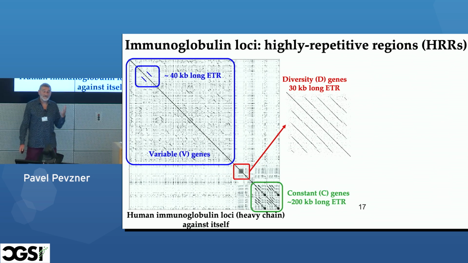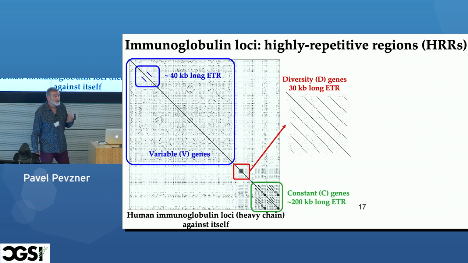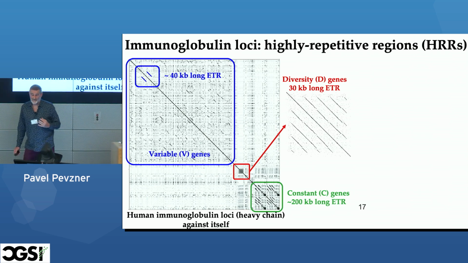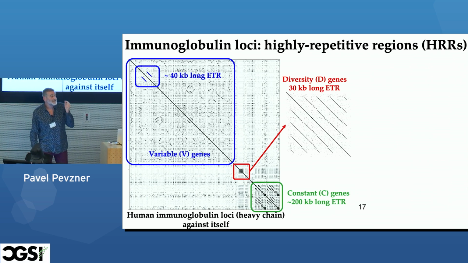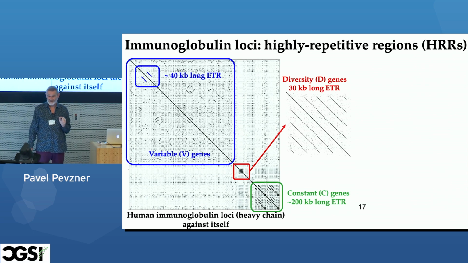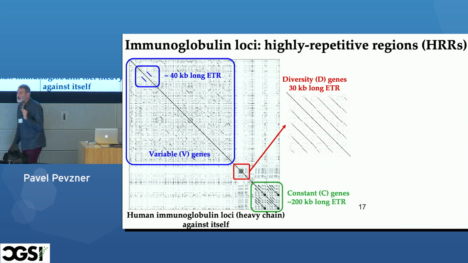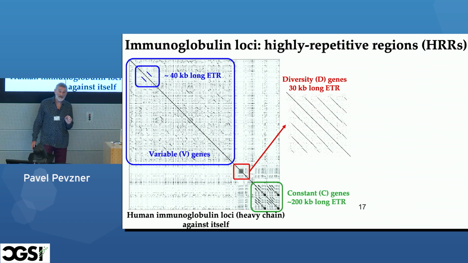Centromeres are just one of these newly discovered regions. The immunoglobulin loci are another one. The immunoglobulin loci were actually assembled, but until 2022 they were assembled in only 2 individuals. But it is one of the most highly variable regions in the human genome, and of course, one of the most biomedically important regions. It's another example of highly repetitive regions.